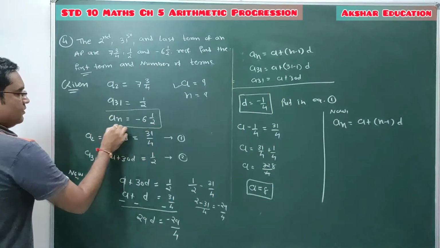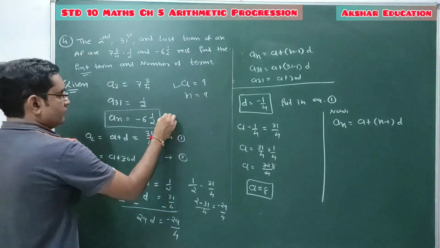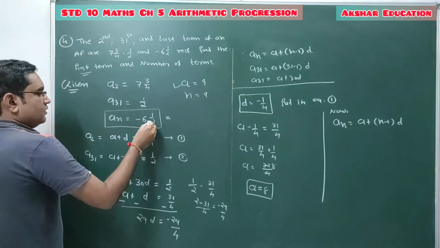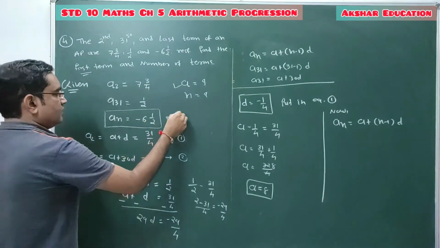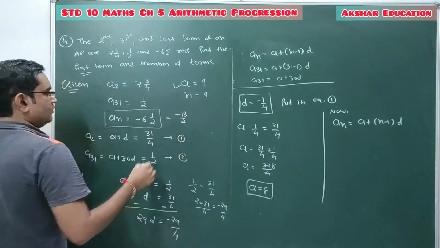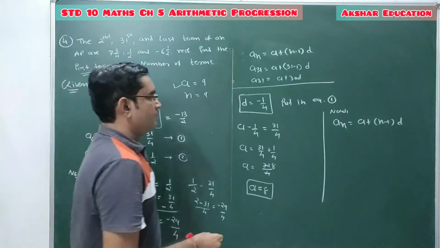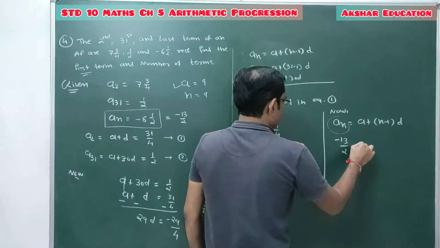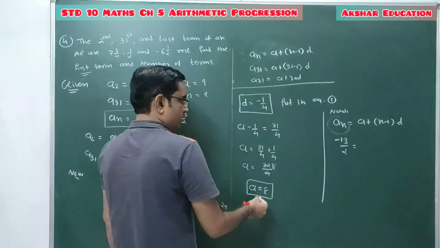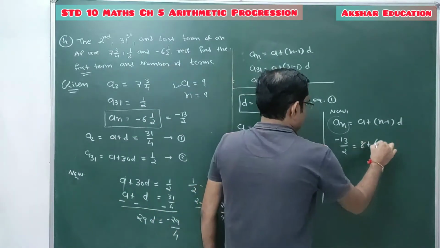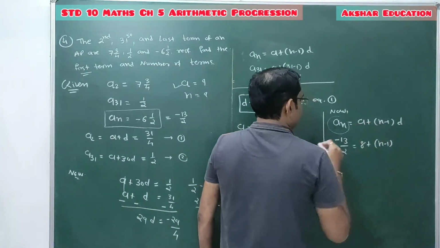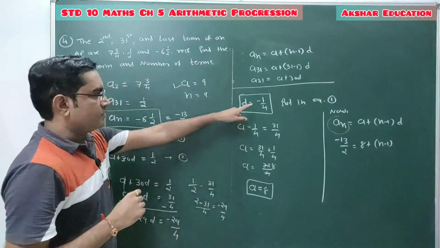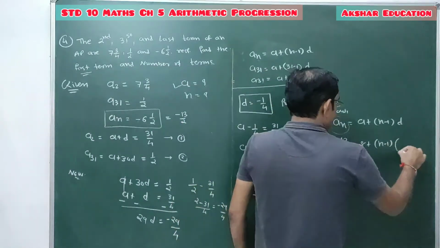Nth term is minus 6 integer 1 by 2, which is nothing but minus 12 minus 1, that is minus 13 by 2. So our nth term is minus 13 by 2, as given. A is the first term that we have derived, plus n minus 1, we have to find the value of n, and d is the common difference, which is minus 1 by 4.